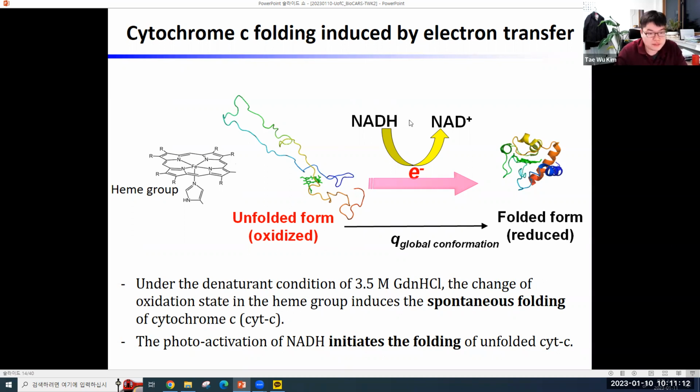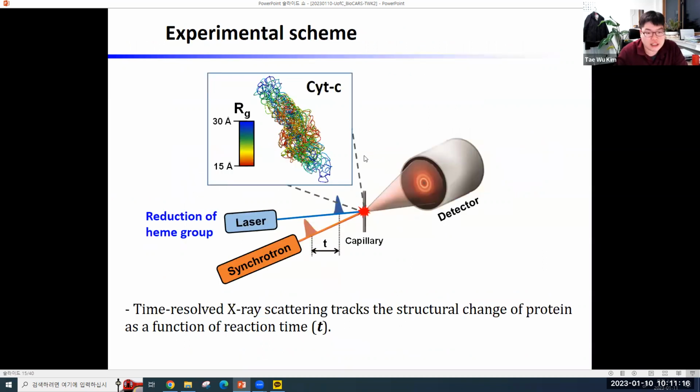We want to track the real-time protein folding dynamics by using time-resolved X-ray scattering.